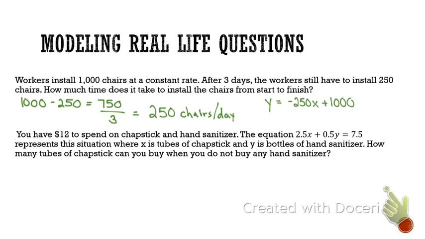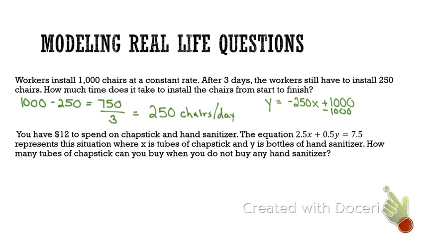All right, so now we're going to just solve for X. We need to get X by itself on one side of the equation. So we would just subtract 1,000 to the other side, and we do need to plug in 0 for Y because the job is complete when there are no chairs remaining, okay?